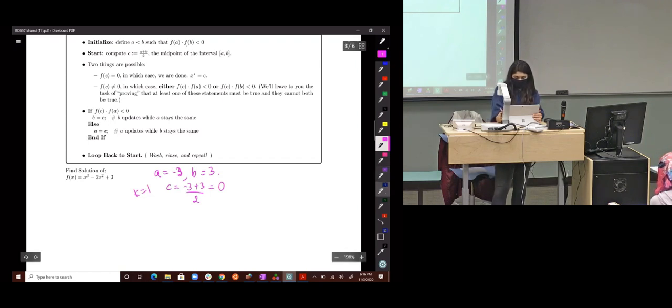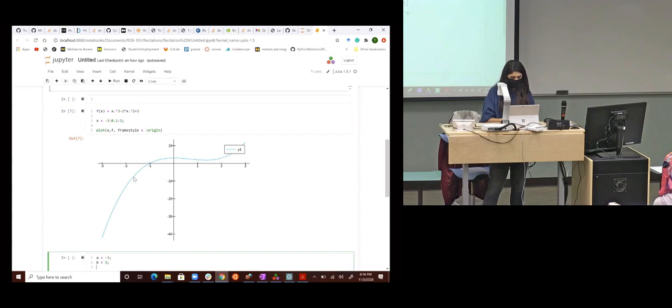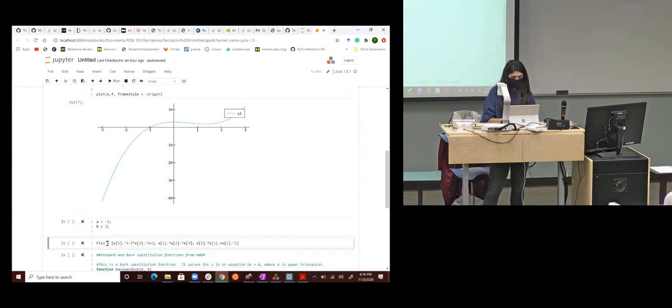Then I will evaluate. So check f of c. We can do it by hand, or we can just call this function. So we said c equals (a plus b) by 2 in Julia.